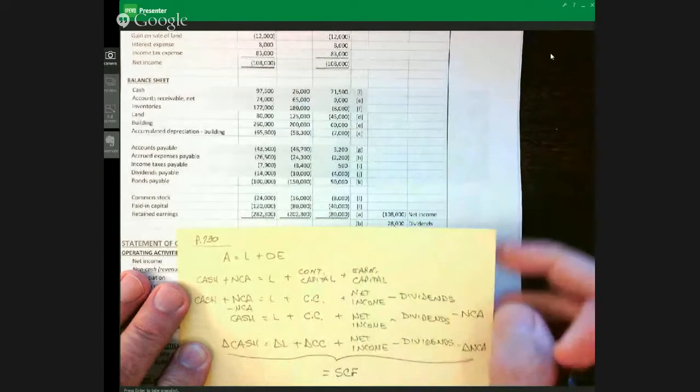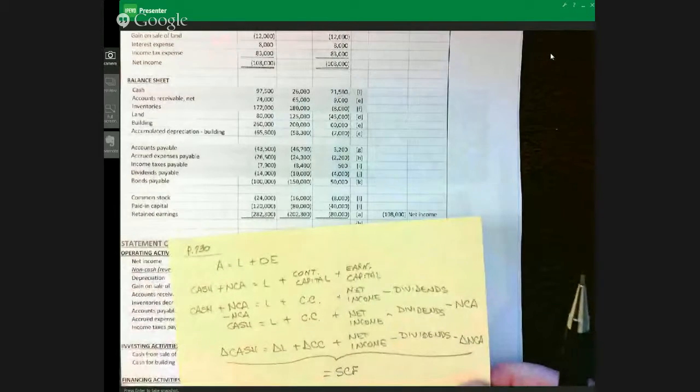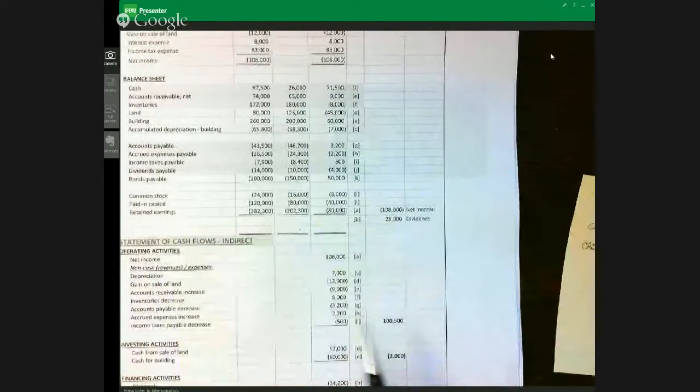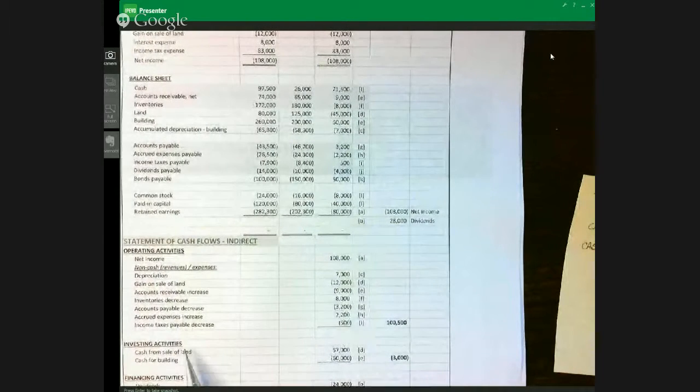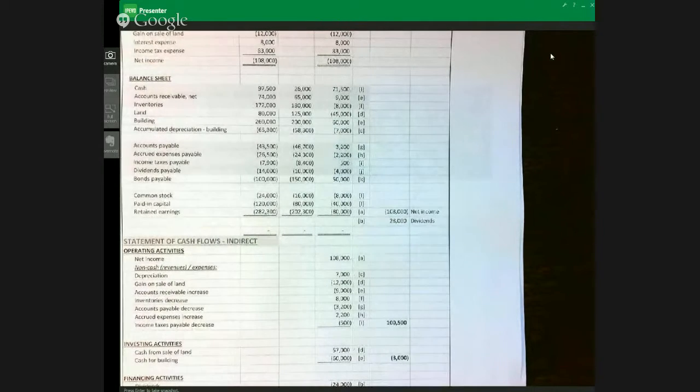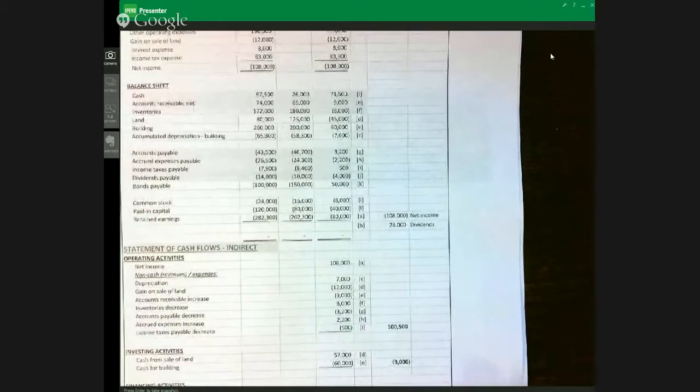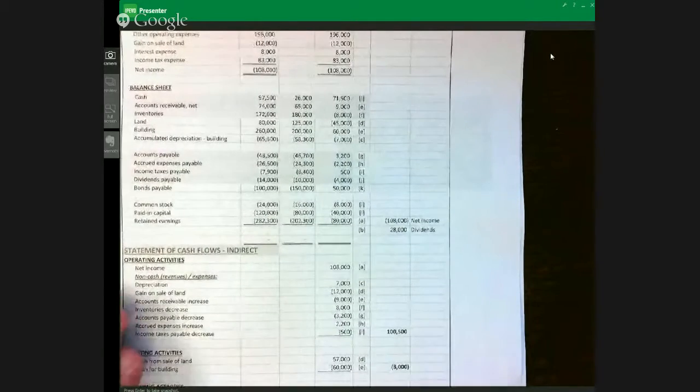The only other thing that we need to do when we explain those changes is to categorize them into operating, investing, and financing activities. Okay, let's try that right now and see how the accountants will make this item work.